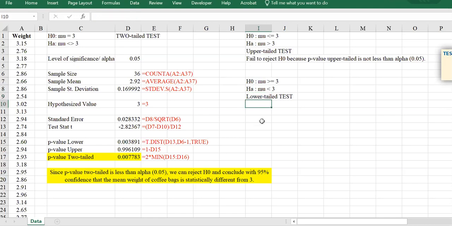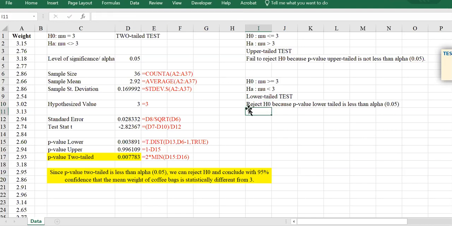This time we reject because the p-value lower tail is definitely less than alpha. So we need to compare the p-value lower tail to alpha. We reject the null hypothesis because the p-value lower tail is actually less than alpha, 5%.